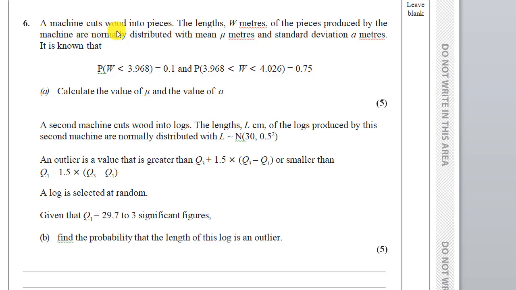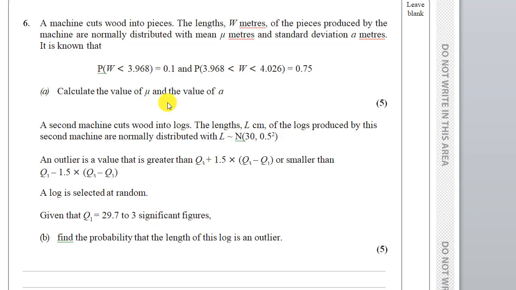A machine cuts wood into pieces. The length W meters of these pieces produced by the machine are normally distributed with mean mu meters and standard deviation sigma meters. It's known that the probability of W less than 3.968 is equal to 0.1, and the probability of W bigger than 3.968 and less than 4.026 is equal to 0.75.